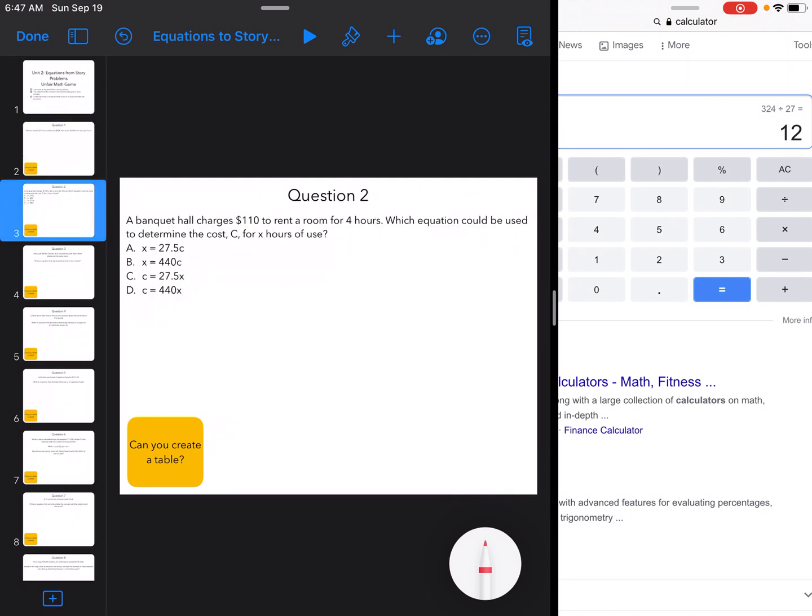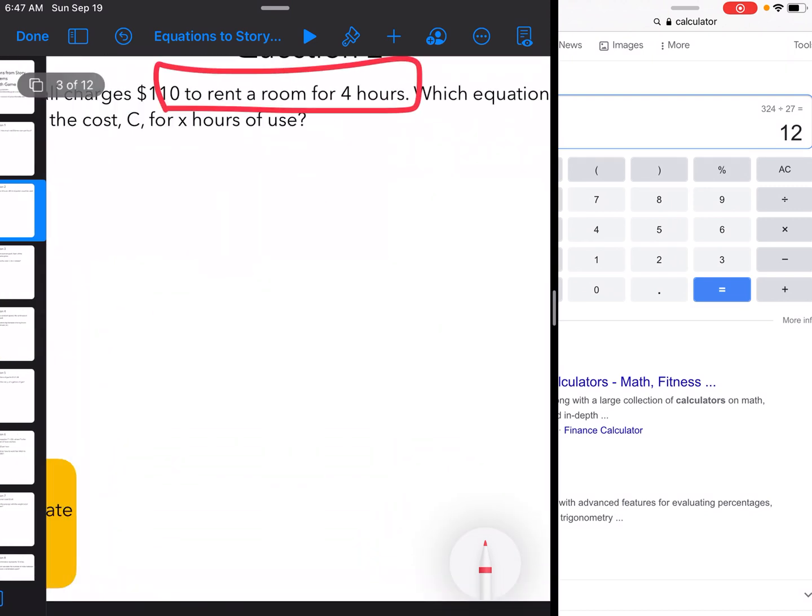A banquet hall charges $110 to rent a room for 4 hours. Which equation could be used to determine C, the cost for X hours of use? Well, I have to find out how much it is for 1 hour of use before I can do anything. So I'm going to make myself a table.